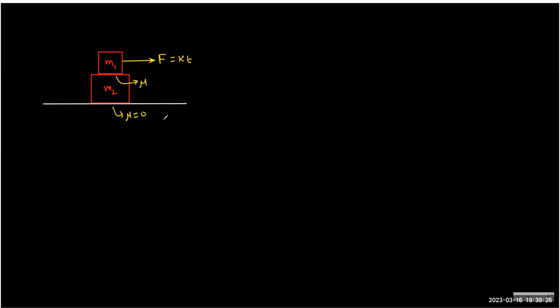This is the question from JEE Advanced. I hope you all have seen this before, but we are going to just do this once again. The biggest issue that we face when we solve a 2-block problem is how to write the frictional force, right?